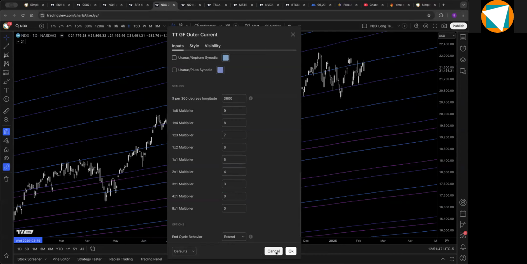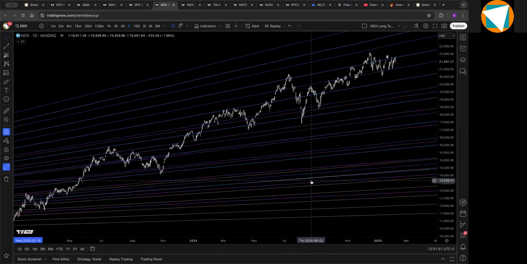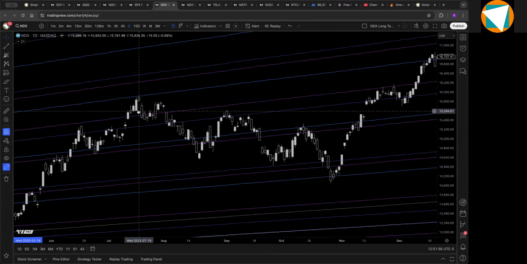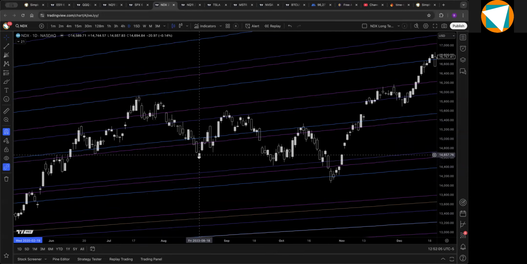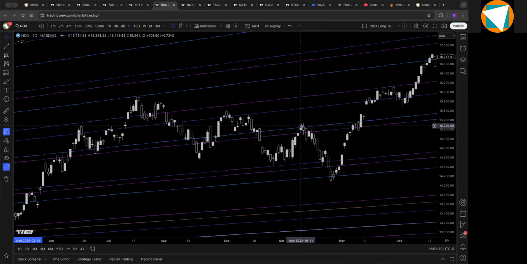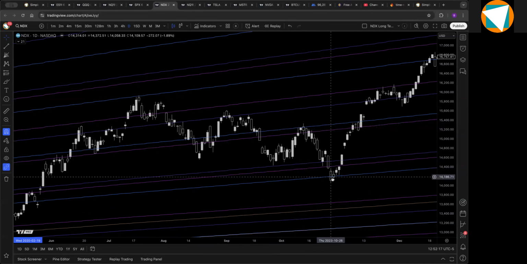Your mileage may vary, of course, and you're free to customize all of these, unlike the standard TradingView script. One of my favorite examples of the power of this technique is to see here this tap on the Jupiter-Neptune synodic line, penetrates through the next one down, recovers a bit, and then we get kind of like a correction back to this line before it finally provides support over here in October.